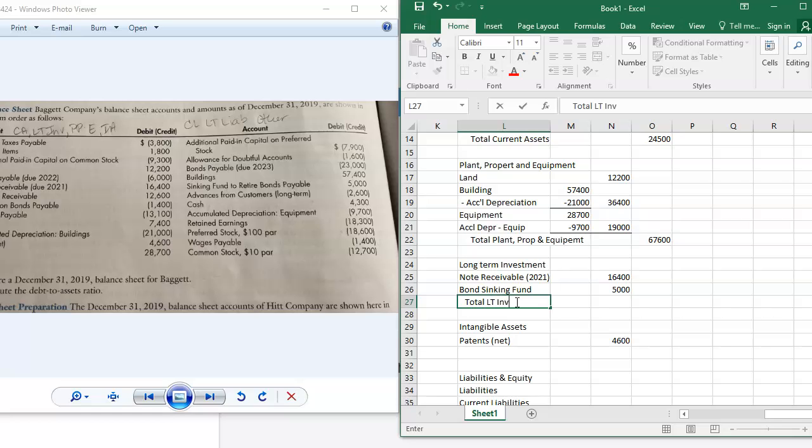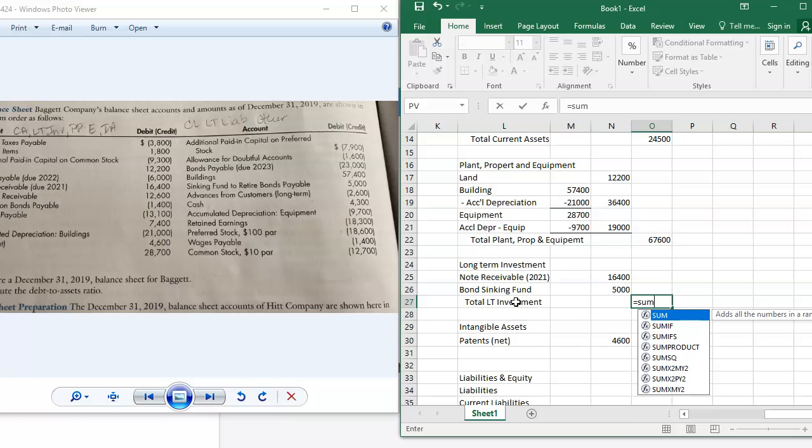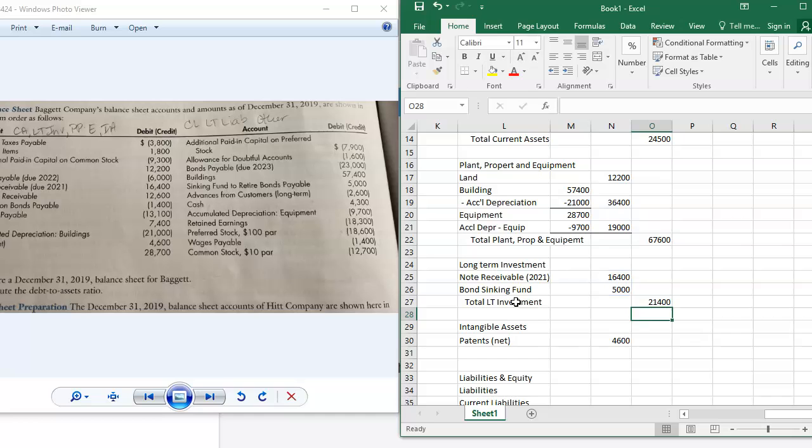Total long-term investments is going to be the sum of these two. My patent, since I just have the one, I'm actually just going to pull it out, and I'm not even worried about totaling, since I just have the one.